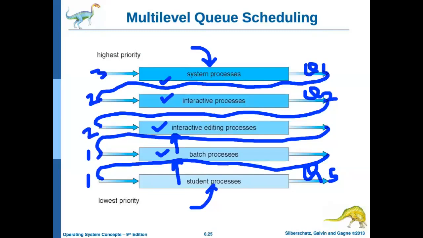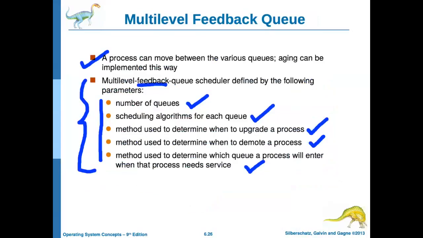So total how many? 1, 2, 6, and 9. Total 9. So definitely a process here will get a chance after 9 scheduler activations. Okay. So it is not any of that style.